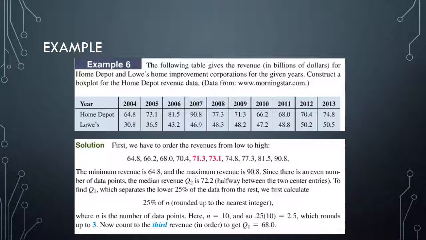I guess different statistics books will do this differently. Generally what I've seen is you do it the same way you do the median. Like here, the first quartile would be between 66.2 and 68.0, and you would average them. Here it says just to go for 68.0. I guess either way is fine, whichever way is being done by the book you're learning.